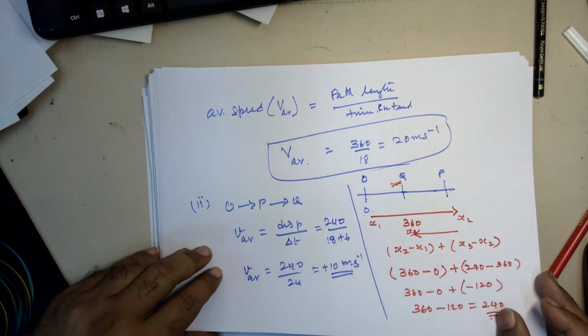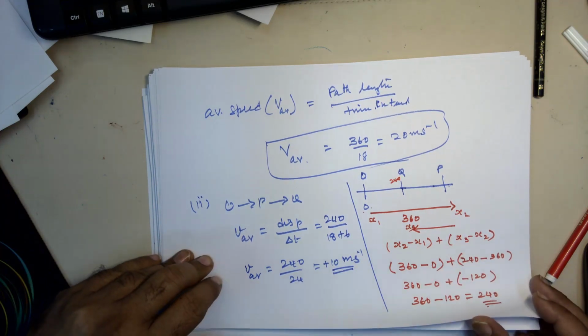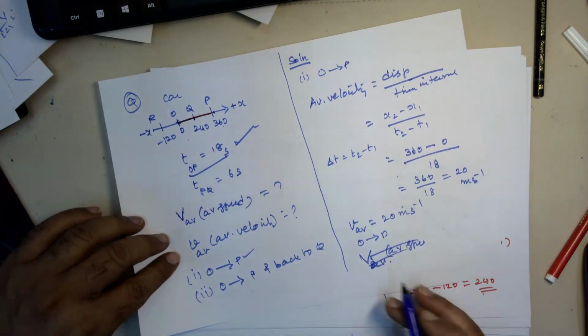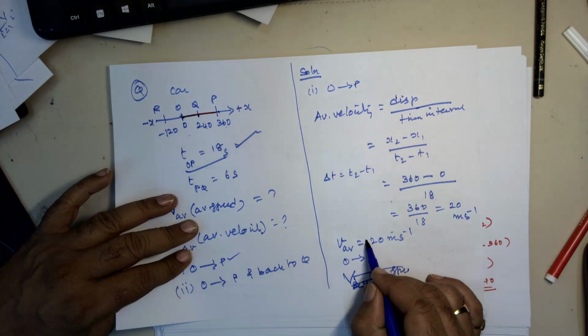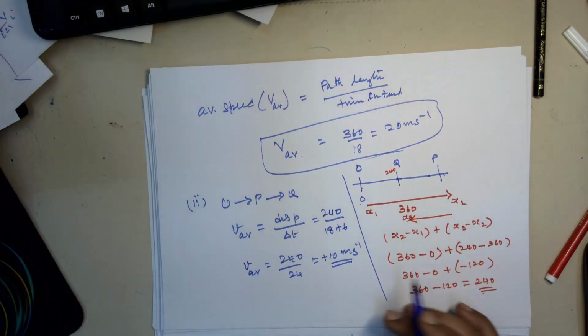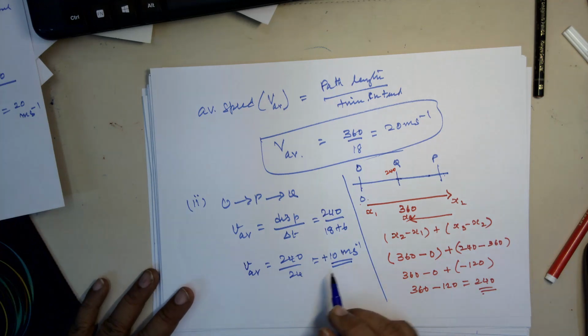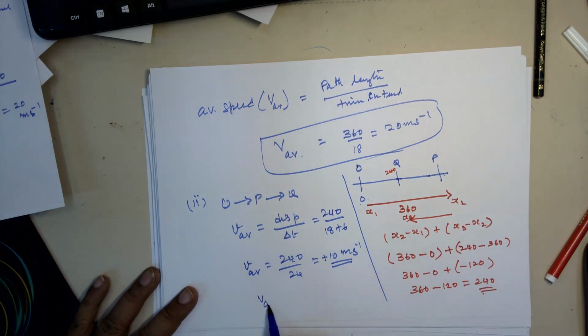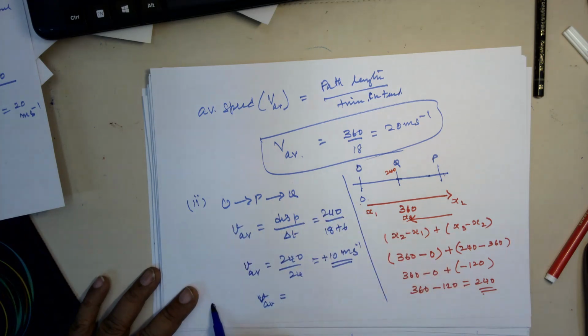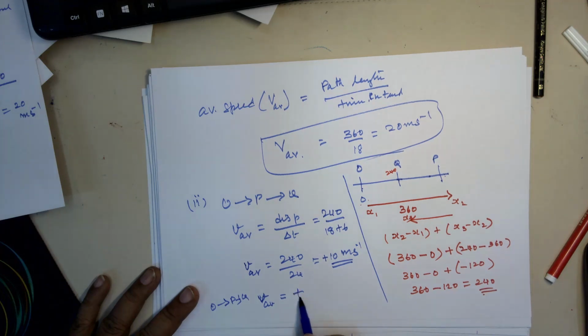Always for velocity, you have to mention whether it is positive or negative. So here also you must put plus 20 meter per second. But for speed, it is not necessary. But for velocity, you have to put it. So what is the average velocity for the movement of O to P to Q? It is plus 10 meter per second.